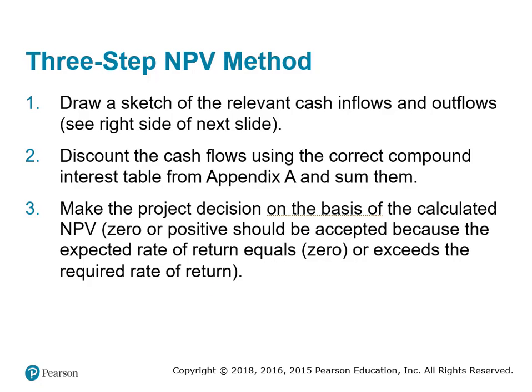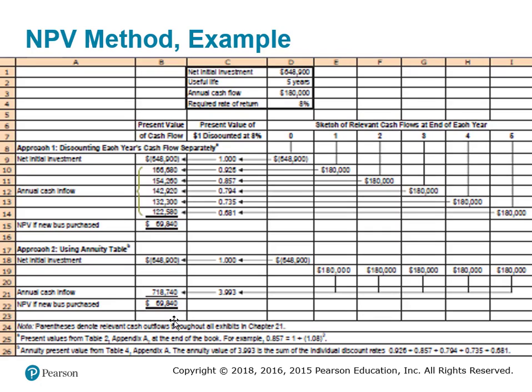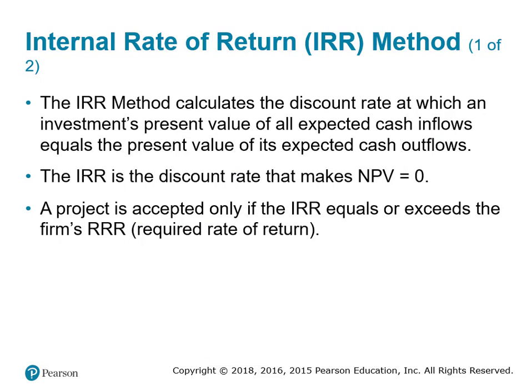Okay, so here's our chart again. This is exactly how we'll do it for our problems. And the next one we're going to do is internal rate of return. So you could stop here right now and just do one short net present value problem.